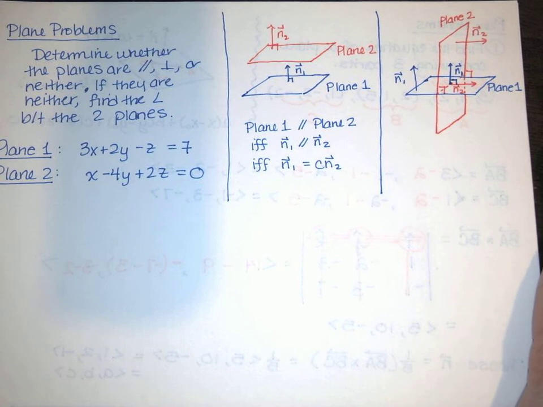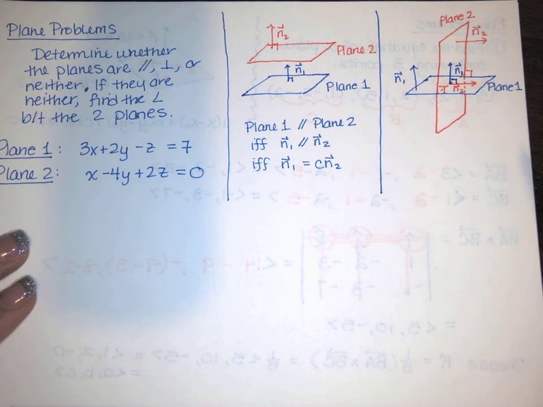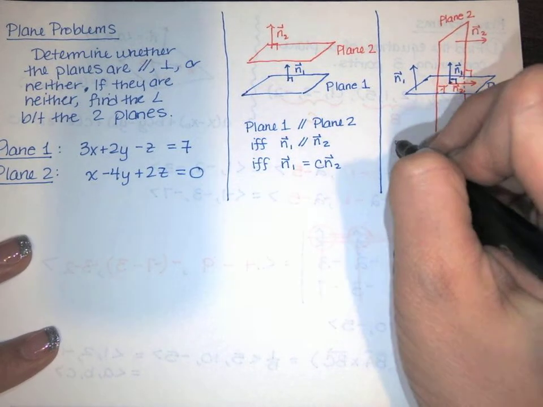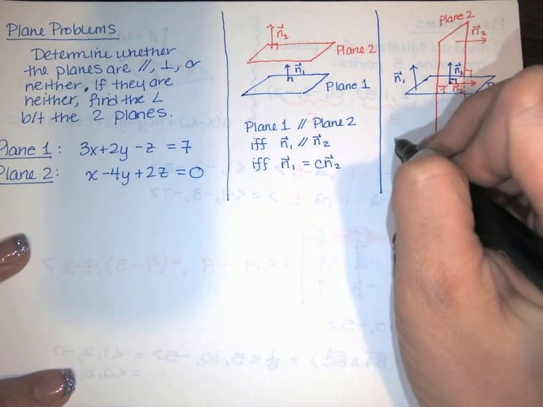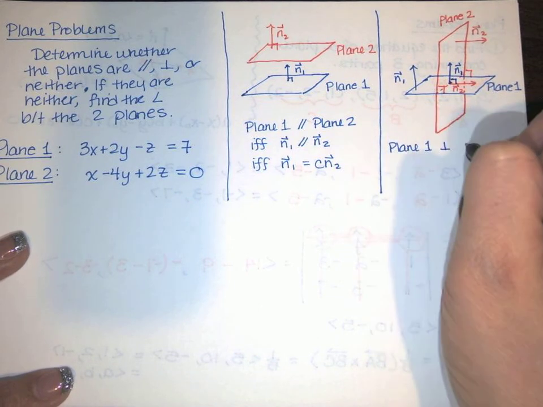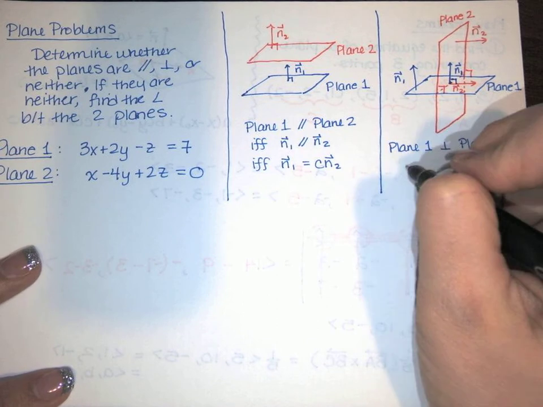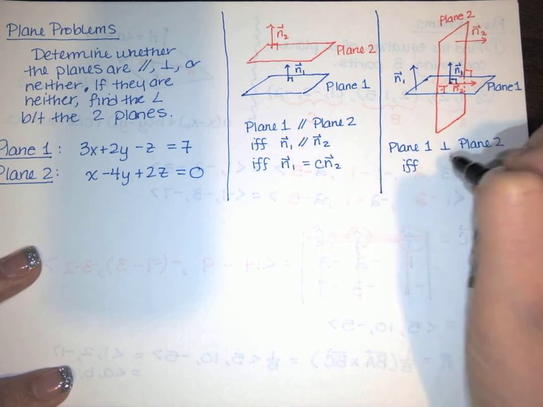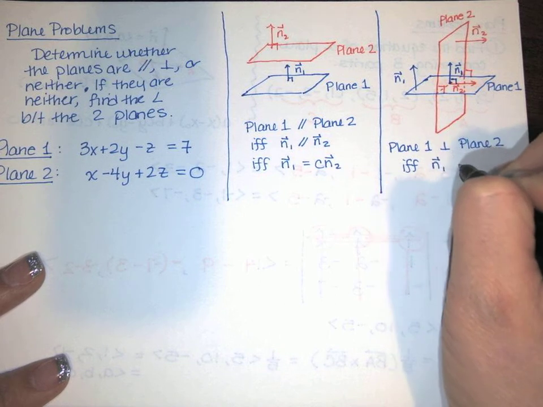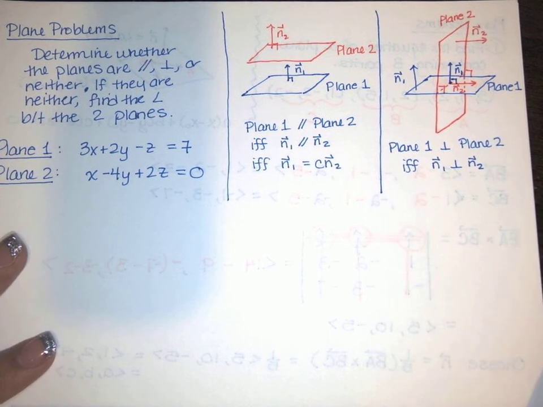And I'm using the word perpendicular to mean they meet at 90-degree angles. Of course, we say vectors are orthogonal, planes are perpendicular. But I'm still going to use that perpendicular notation from geometry class. So plane 1 is perpendicular to plane 2 if and only if, so that means the implication goes both ways, the normal vectors are orthogonal to each other, or they meet at a 90-degree angle.